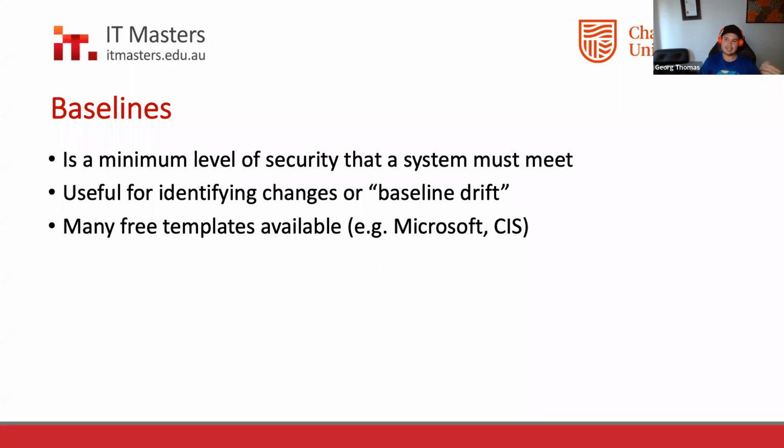What baselining does is it starts a system at a minimum state. Generally that means things like disabling unused services, disabling unused accounts, disabling legacy stuff, and an inventory of what applications are installed on a system. What's useful about it is that changes can be identified, which is what they call baseline drift.